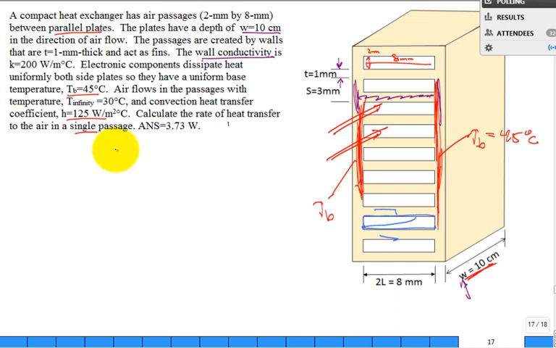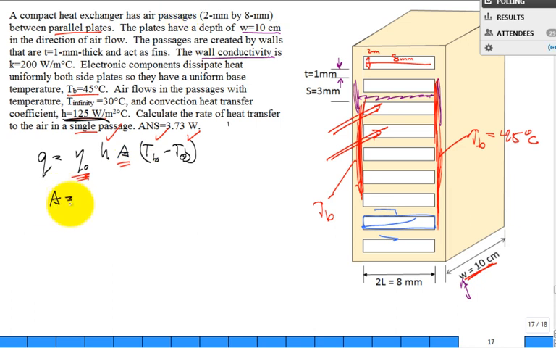So if I wanted to calculate the heat that was dumped into that one passage, I'd say, well, I'm going to have an overall efficiency thinking about finning, using the top and the bottom as fins, times some convection coefficient, they gave that to me, times some area, I can calculate that, times some T base minus T infinity. So they gave me these two temperatures, they gave me this one, a lot of work to get this, and I can get this with a little bit of work.